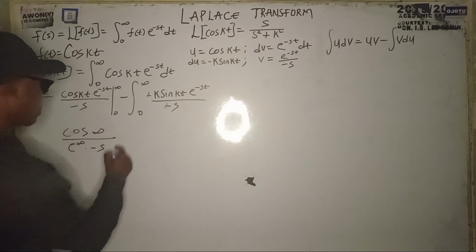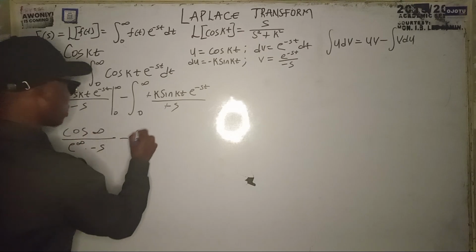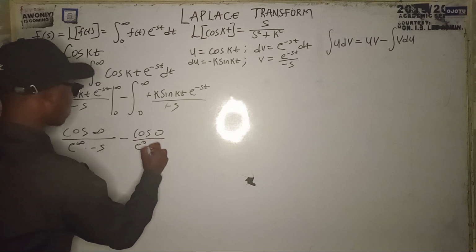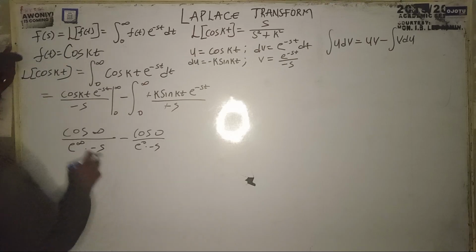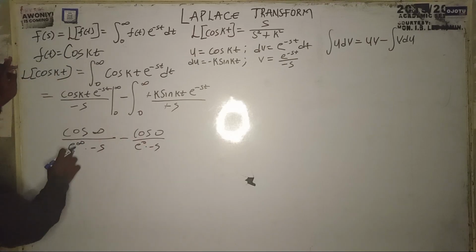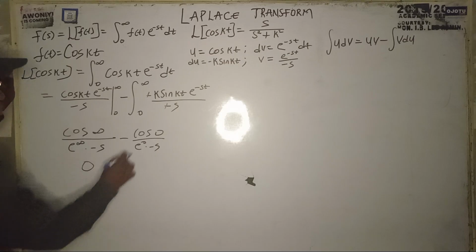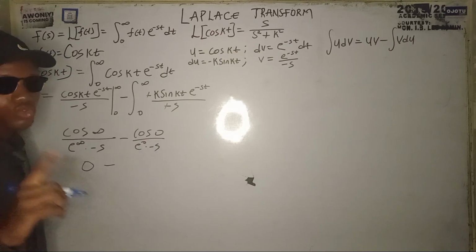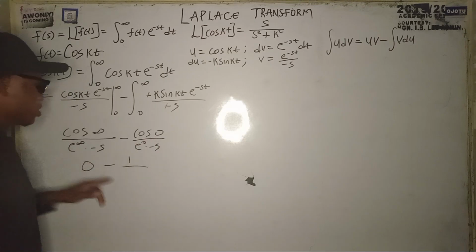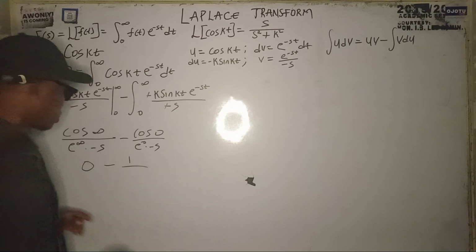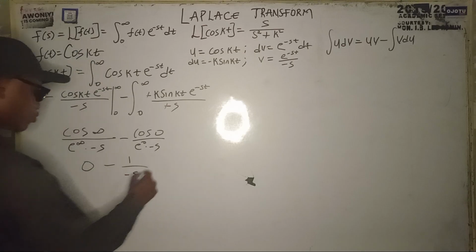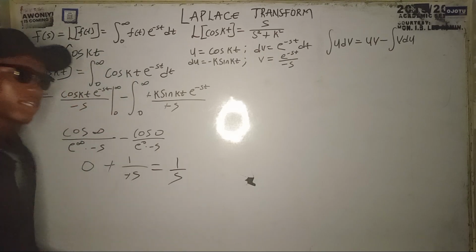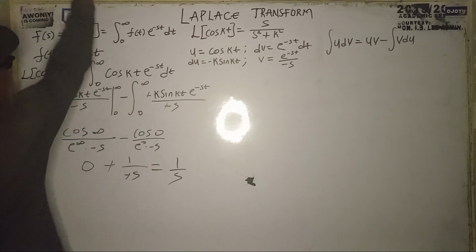If you apply 0, you would have cos 0 over e raised to the power 0 times minus s. So if we finish this, divided by infinity, this is going to be 0, and on this edge we are going to have minus, cos 0 is equal to 1, which is 1 over e raised to the power 0, which is 1. 1 times minus s is minus s. So minus cancels minus. We have it as 1 over s. That is what we are going to be getting as our answer.